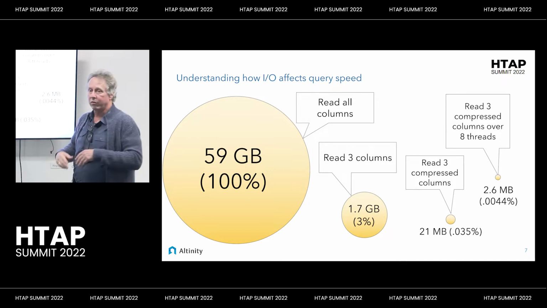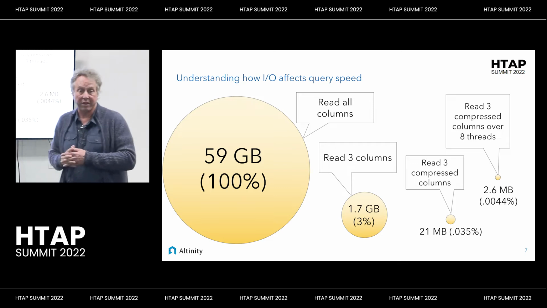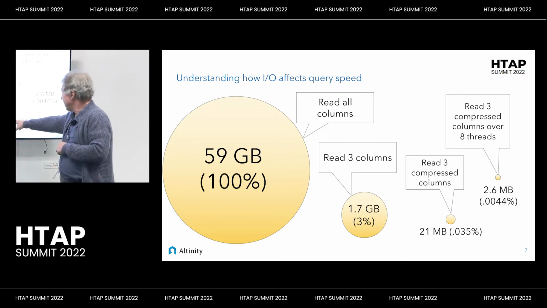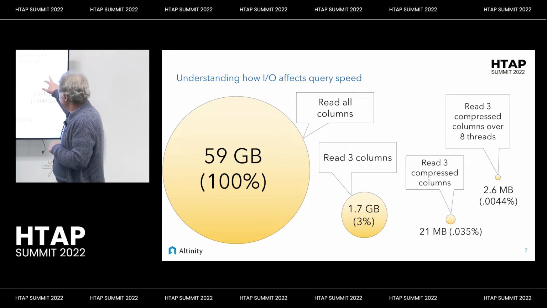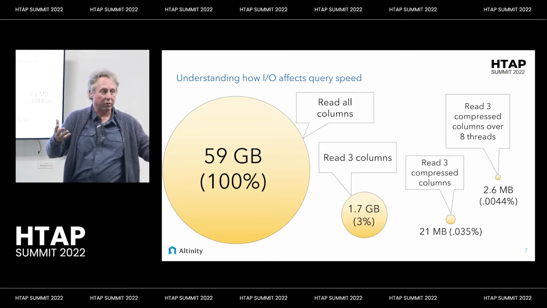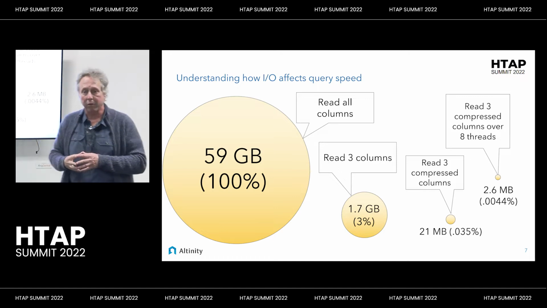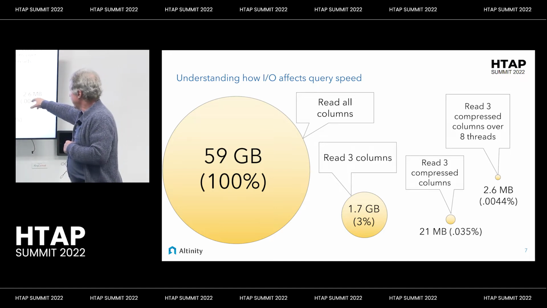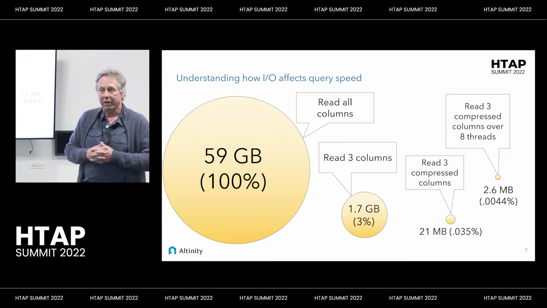With the compression, we drop it a further 100 times. So we've already reduced the amount of data by 3,000 times. And then, of course, we parallelize it, because ClickHouse, like most data warehouses, is very good at parallel query. And so each thread only reads 2.5 megs.